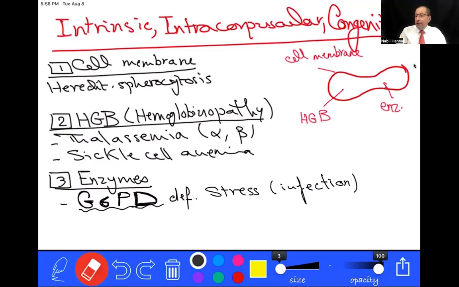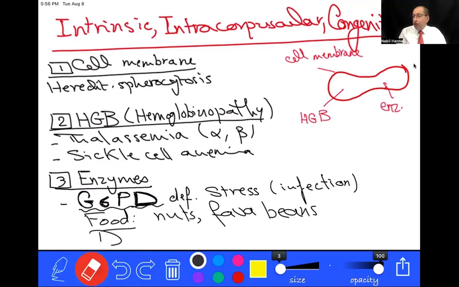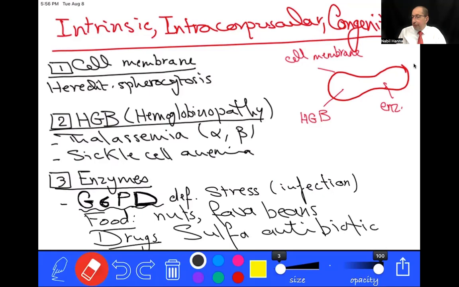Also, certain types of food can cause this hemolysis, like nuts, fava beans, and also some drugs like sulfa antibiotics. Okay, so these are the causes, intrinsic causes of hemolysis, intracorpuscular, aka congenital.